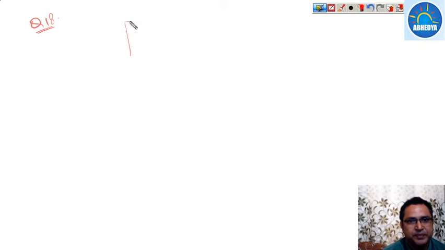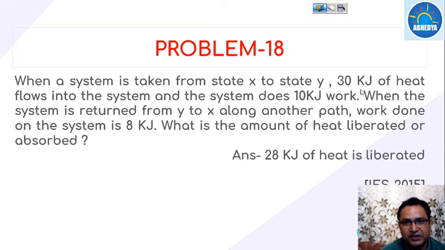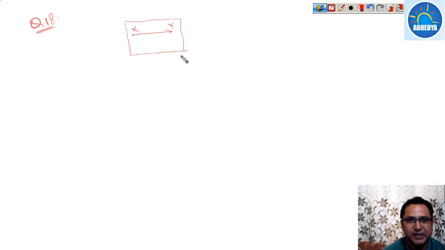Now we bring the system from position X to position Y. So when the system moves from X to Y, 30 kilojoule of heat flows into the system, meaning heat coming inside the system is 30, and the system does 10 kilojoule of work, meaning this much amount of work is coming out.